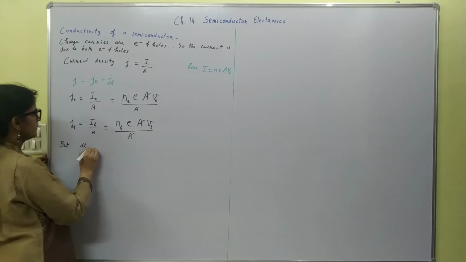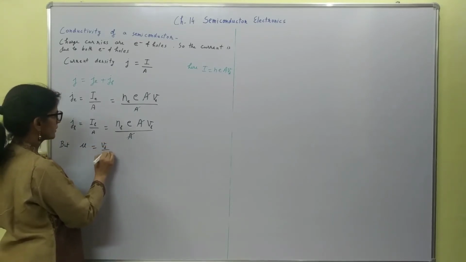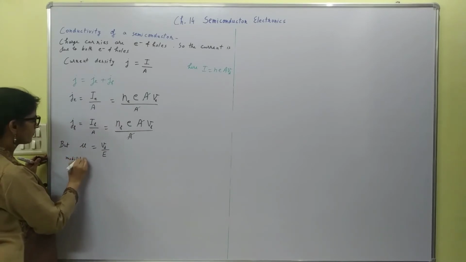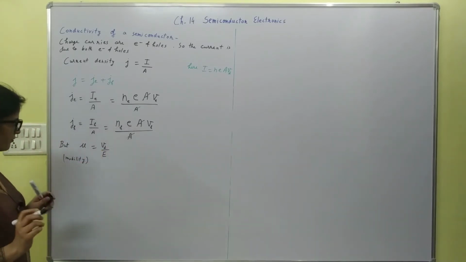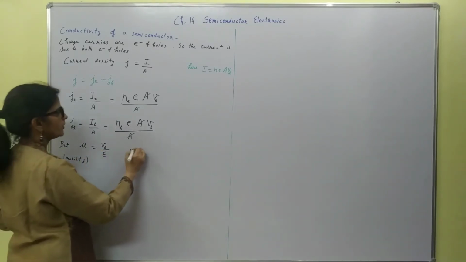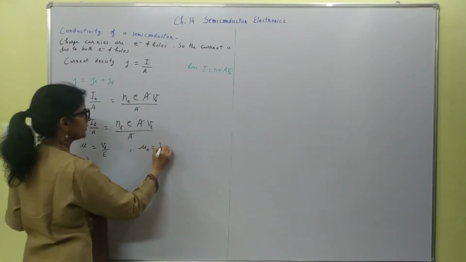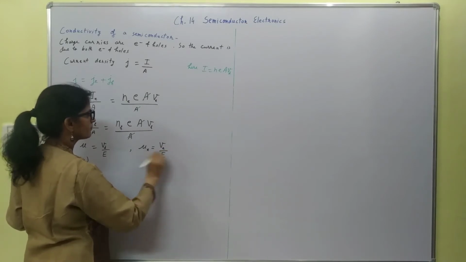this by mobility. Mobility is given by drift velocity per unit electric field. So mu is mobility, and this is drift velocity per unit electric field. If I want to write how mobile the electrons are, the mobility of electrons will be the drift velocity of electrons upon electric field.